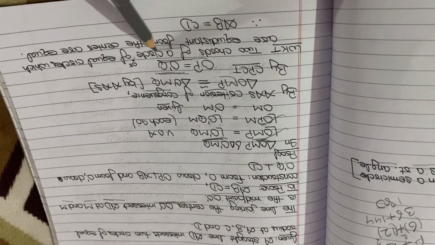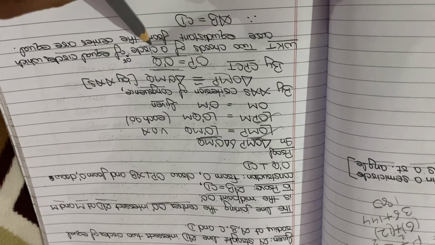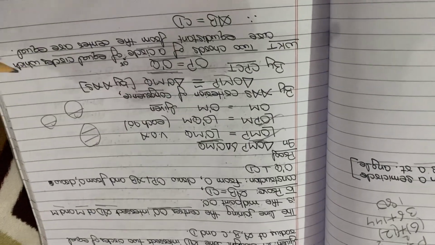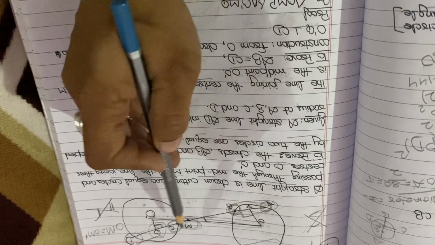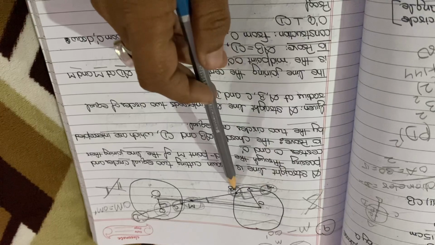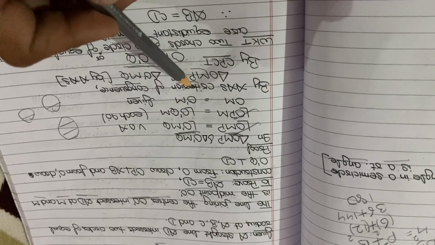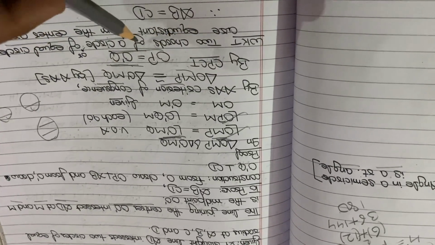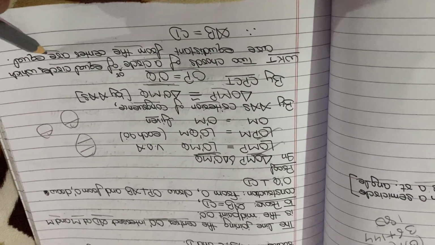We know that two chords of a circle, or two chords of equal circles, which are equidistant from the center are equal.